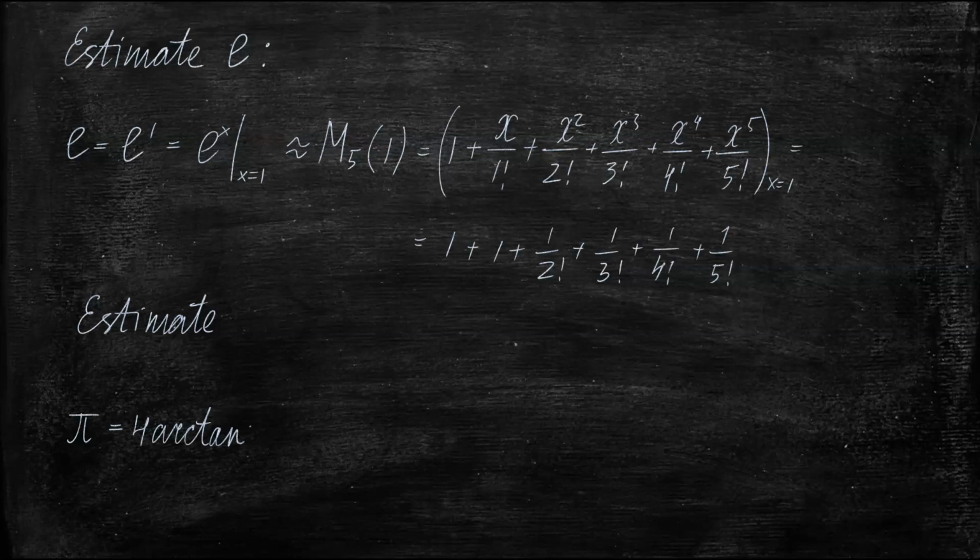So pi can be estimated as 4 times arctan x evaluated at 1. So arctan of 1 is pi over 4. Pi over 4 times 4 is pi. And in this case, we can estimate it with, for example, 4 times M7.